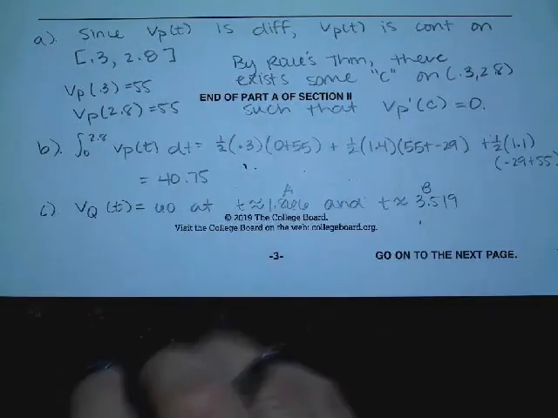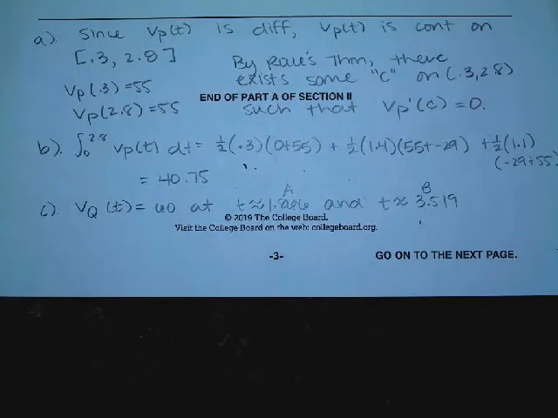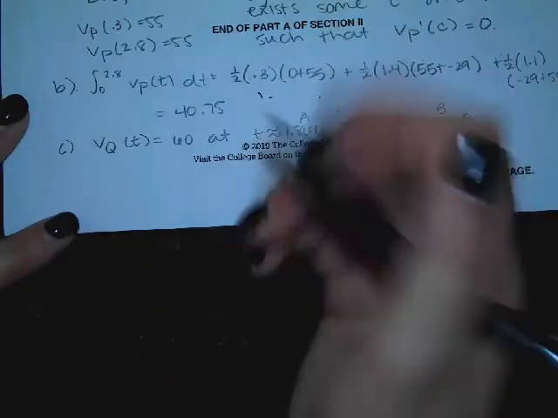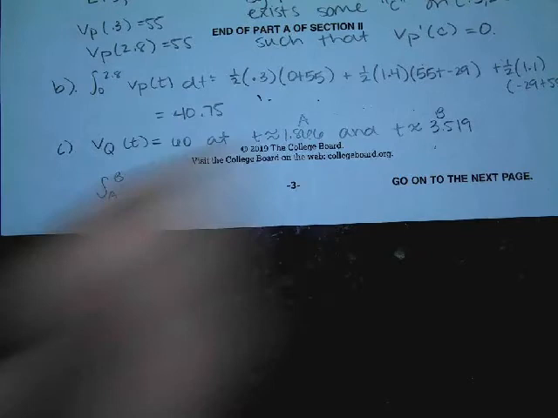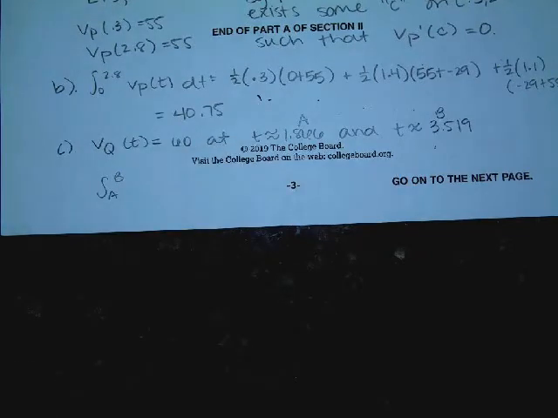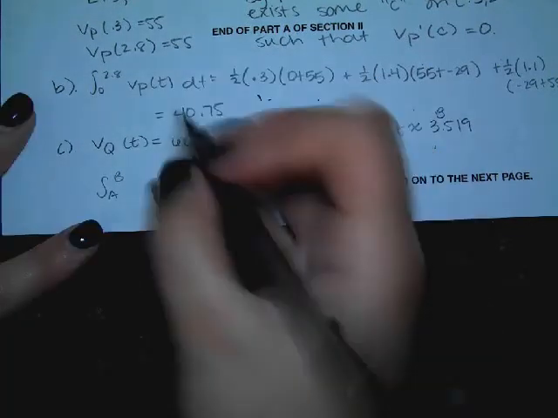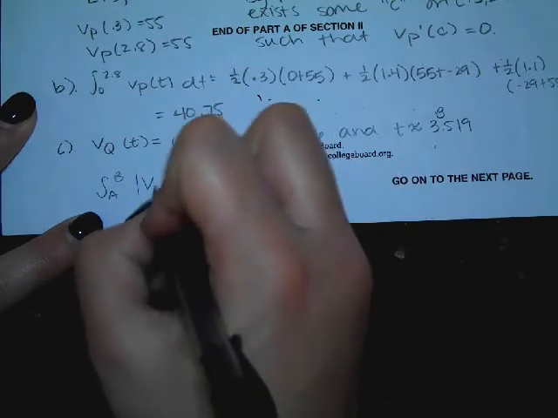Okay, so now it says we want to find that distance traveled, and they tell you total distance traveled. Sorry, I had to make sure I was on the right problem. So I'm going to look at the interval from A to B. Since it says total distance traveled and not displacement, that means I need to do the absolute value of this.